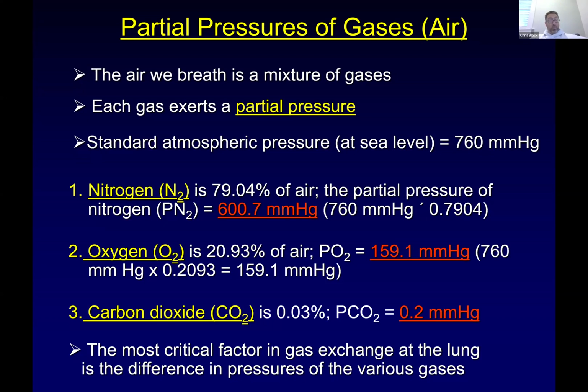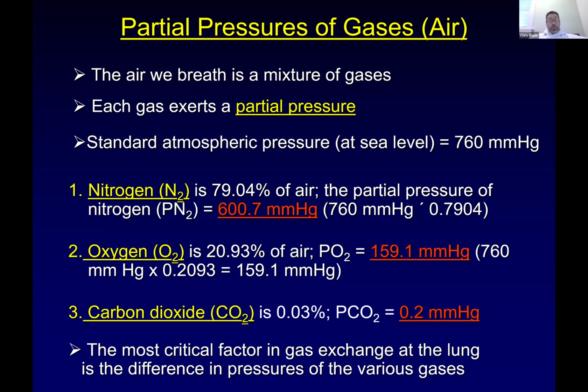In this example, we would use nitrogen, which is 79.04% of our air. You take 79.04% of 760, and you get a number that is about 601 millimeters of mercury. So the partial pressure of nitrogen in atmospheric air is about 600 millimeters of mercury.